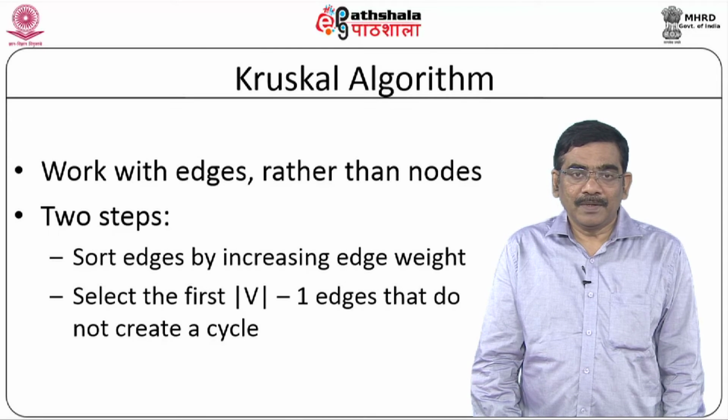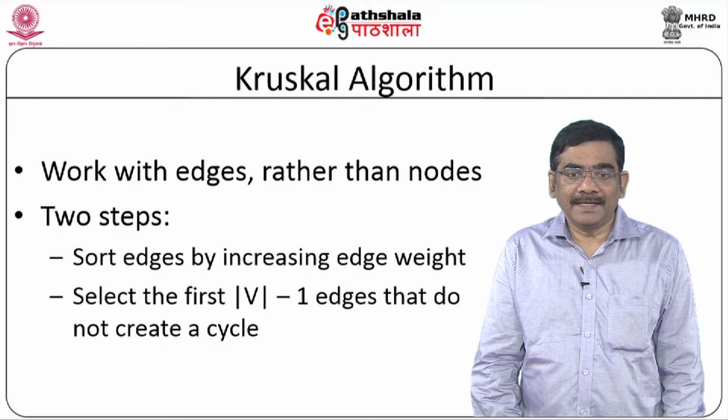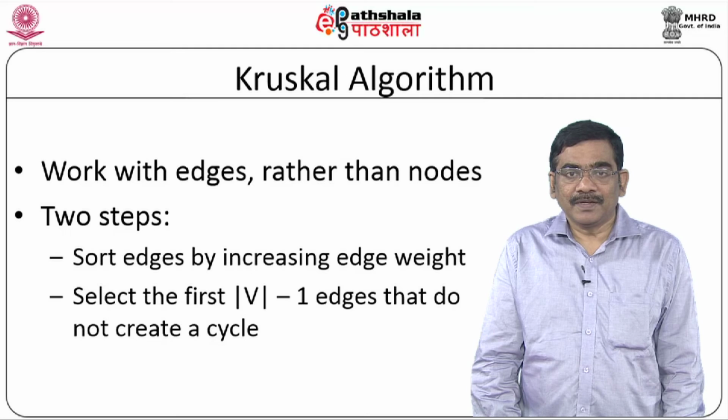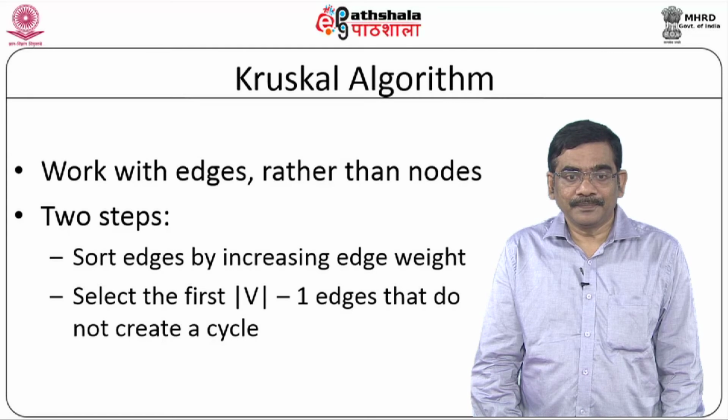The algorithm involves two steps. One is sorting of all the edges based on the weight, because we are going to apply the greedy approach where we look for the least cost edge. Therefore, the first step is to sort all the edges based on the edge weight.